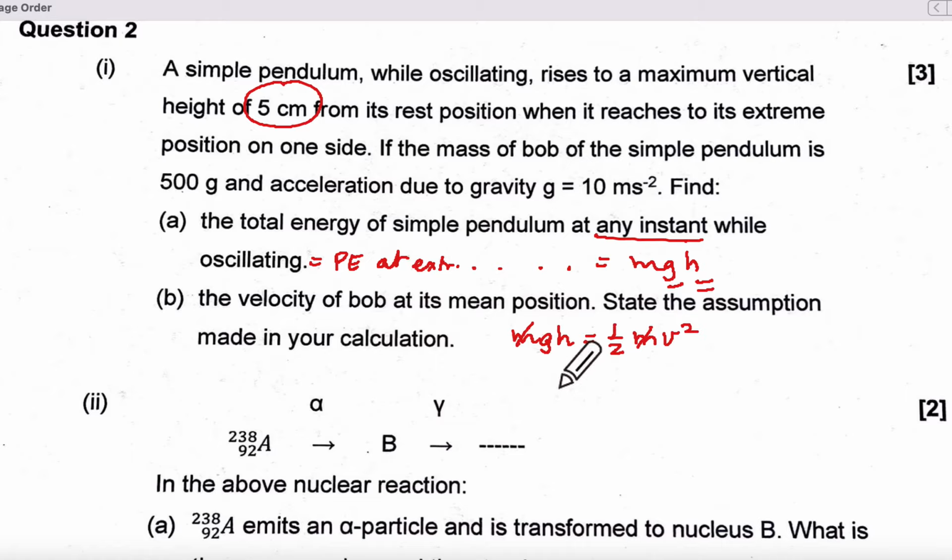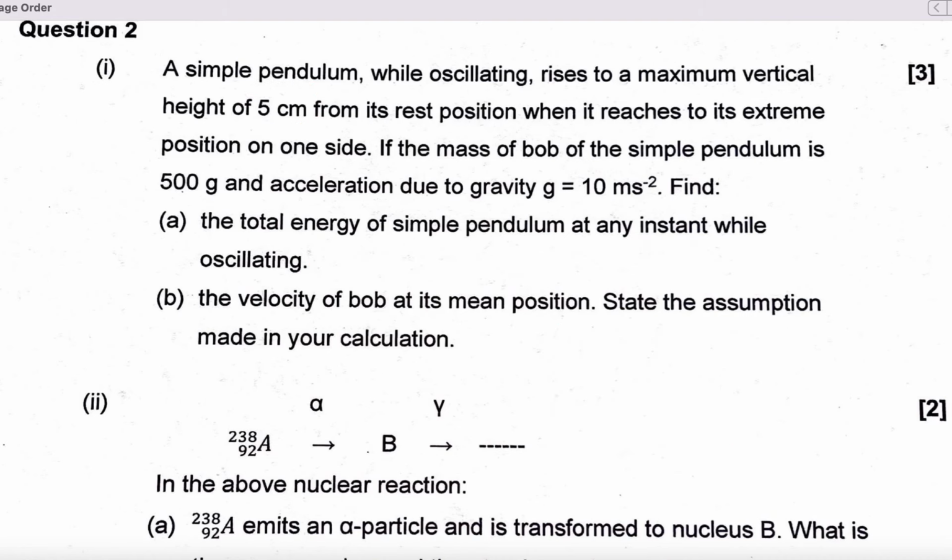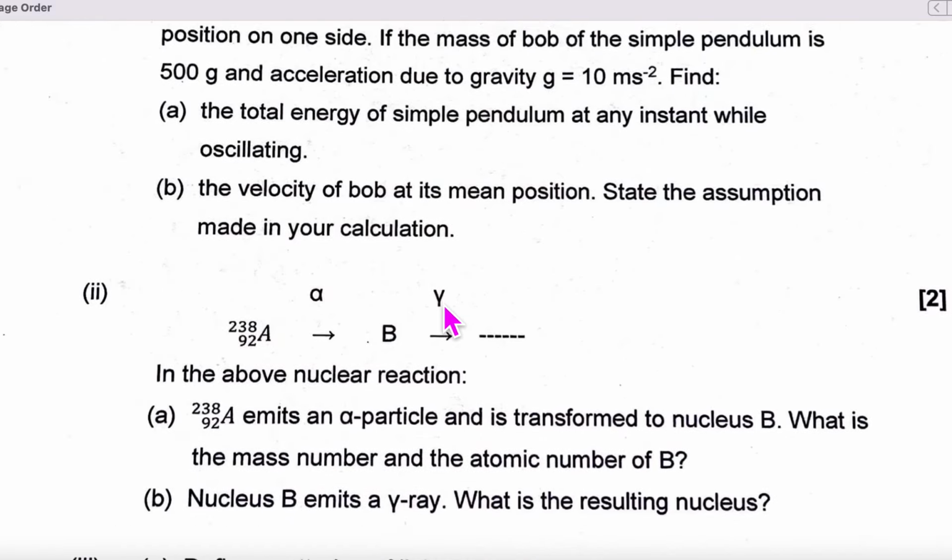So you will have v square is equal to 2gh. So that will be 2 into g, that is 10, into height is 5 upon 100. Okay, so your v will be equal to under root of that. Aren't you getting 100 upon 100? Yes. So this was for 3 marks, good enough.